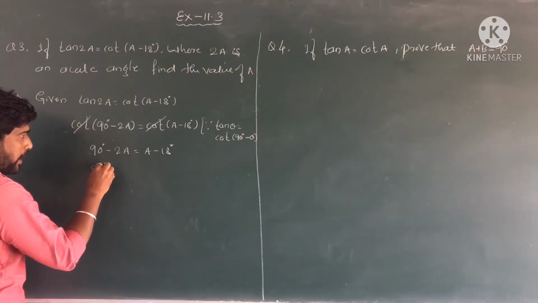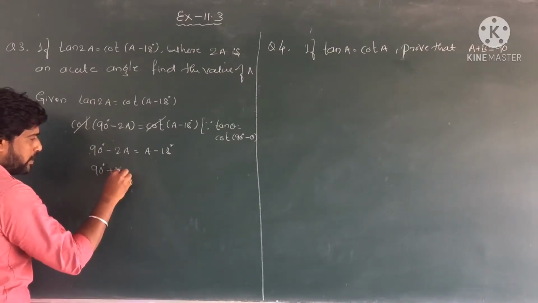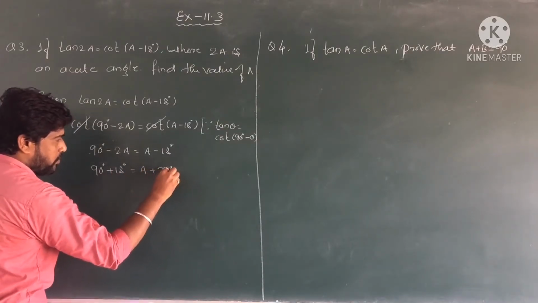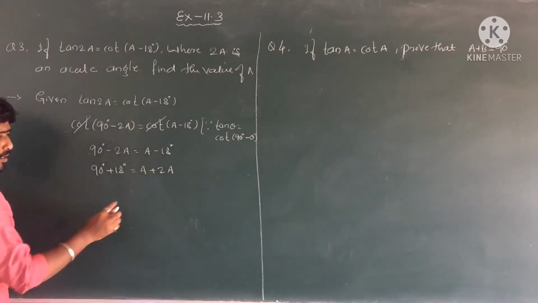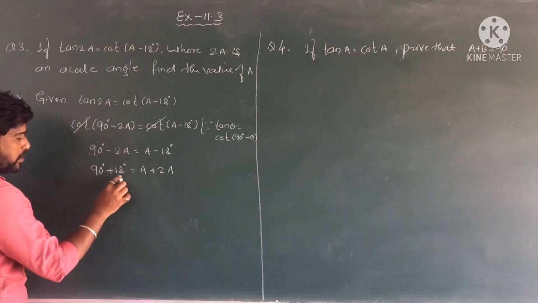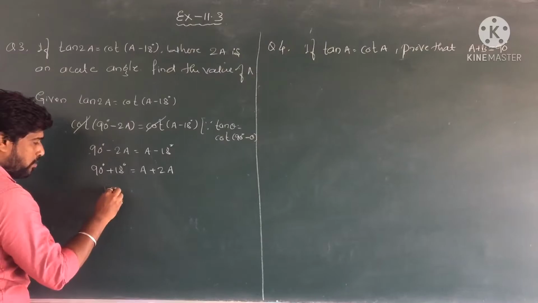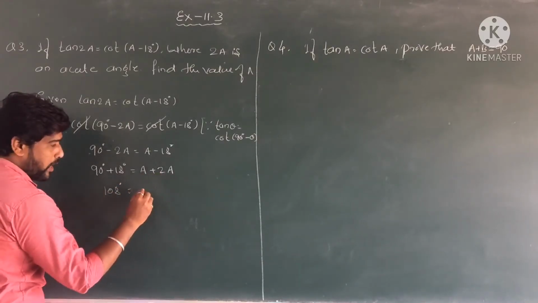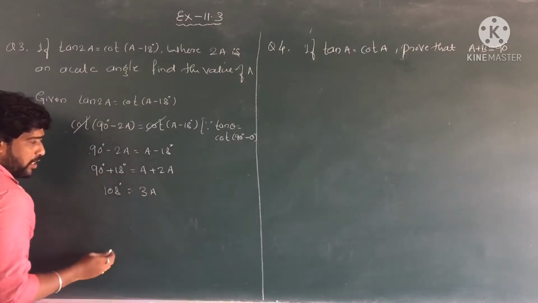So here 90 plus 18 is equal to a plus 2a, right? So 90 plus 18 is 108, which is equal to a plus 2a, that is 3a.